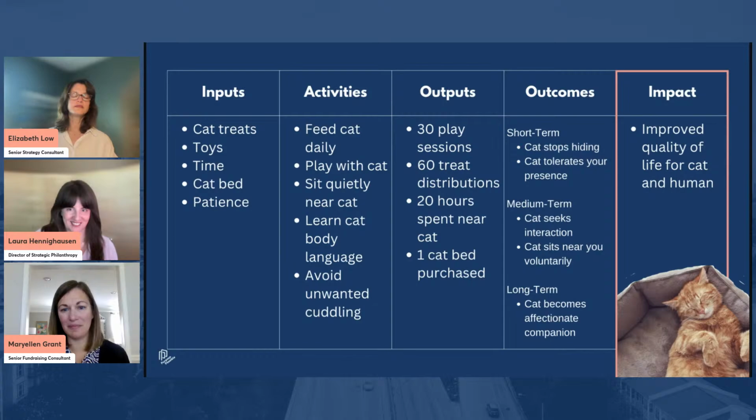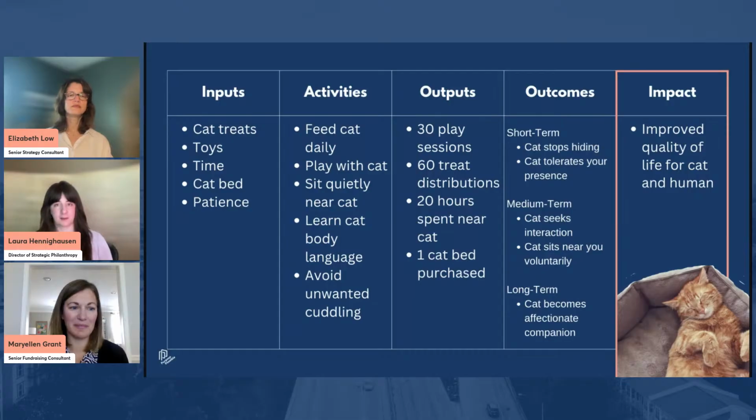So in this example, the long-term impact, the overall thing that we are trying to achieve with this work, is that there is going to be an improved quality of life for the cat and for the human, right? So the cat now has its cat bed, it is affectionate, it's doing all of these things. That impact is only possible because of all of those other factors we've talked about.